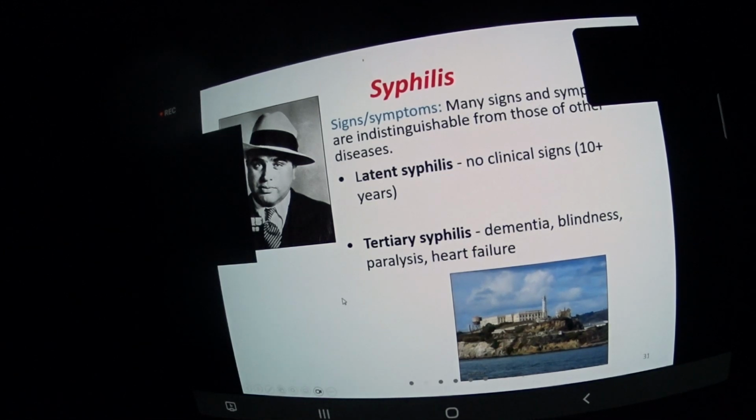One thing I have to mention here, again: you are all trying to become healthcare providers, and healthcare providers should be aware of all the social issues. You're not just a healthcare provider to one type of social standing in the United States. We are a melting pot, so we have a lot of different people.